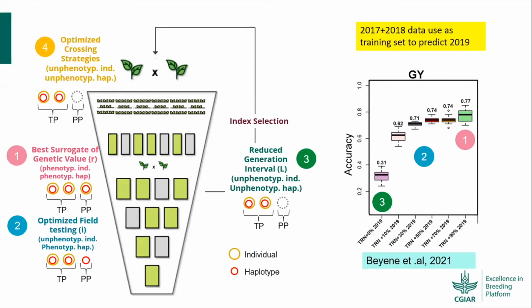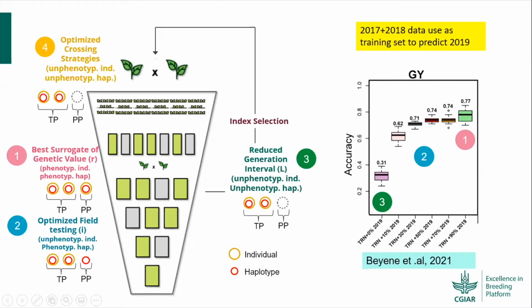But I would like to take advantage of looking at this roadmap: how do we propose that you could implement genomic prediction first to come up with best or better surrogates of genetic or breeding value in your program, using it in the field trials, where we were talking about how the accuracy can be increased drastically when the heritability is low, because your training population and the individuals that you're predicting are the same. So you're observing the individuals and you're observing the haplotype, so accuracy is high.